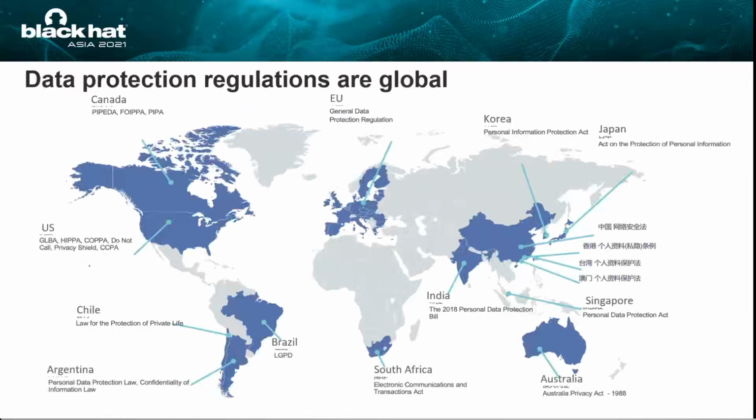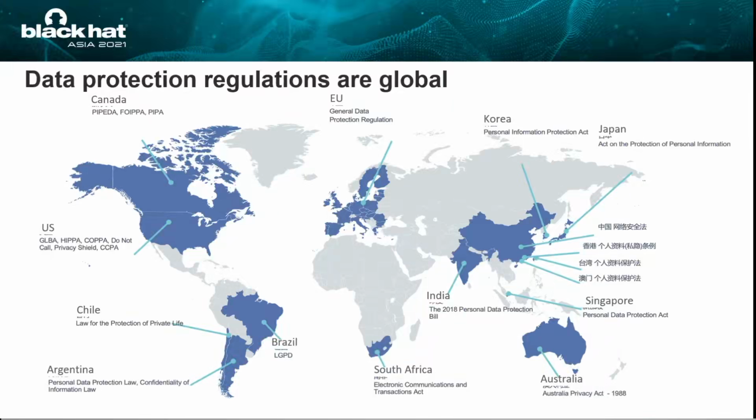So to protect the data, especially personal and private data, many countries and regions have already put in place strict data protection regulations. For example, in the US, we know the famous CCPA, and in the European Union, the most well-known GDPR.